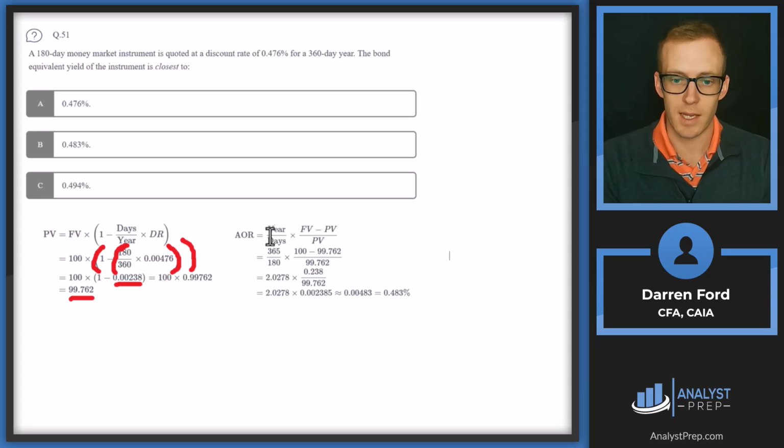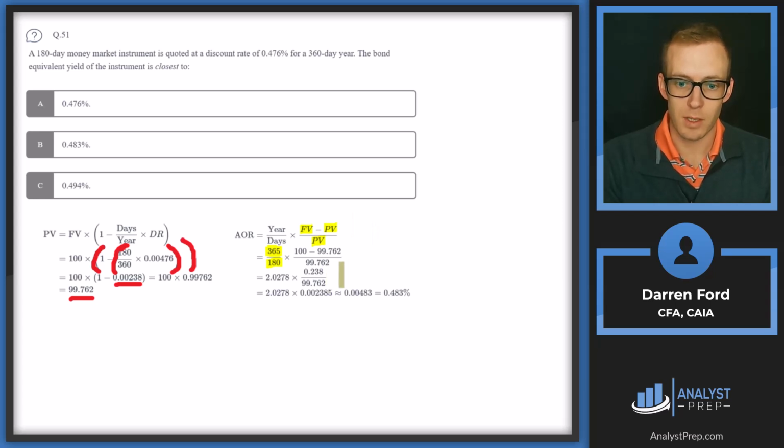To do that, we take year over days, using 365 for the bond equivalent yield. So 365 over 180, multiplied by the redemption value minus present value, over the current present value.